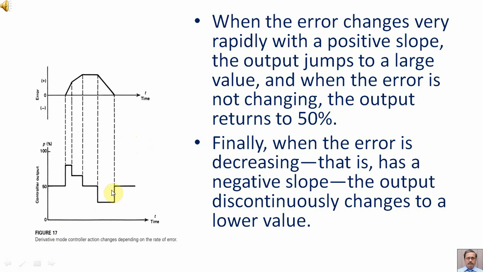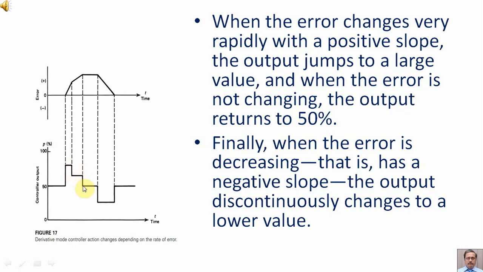Here we can say when the error is 0, the output is 50%. The rate of rise of error is high here, so the output jumps, and then the rate comes down, so the output jumps down.